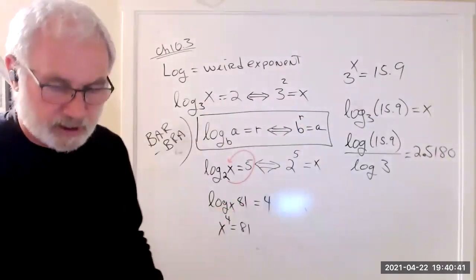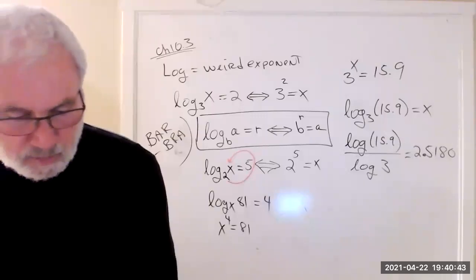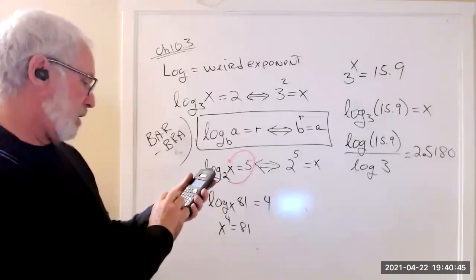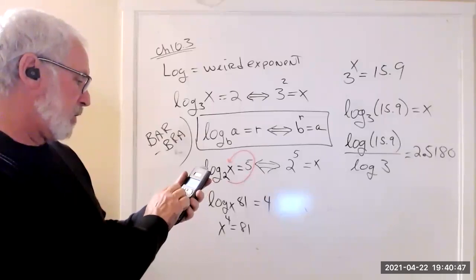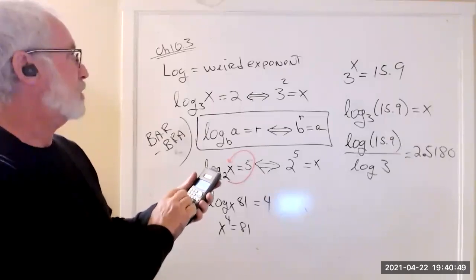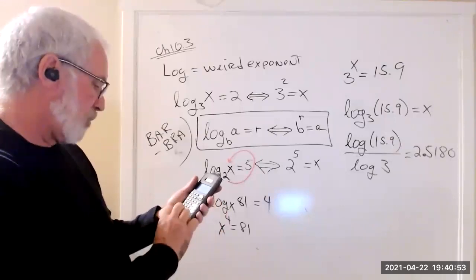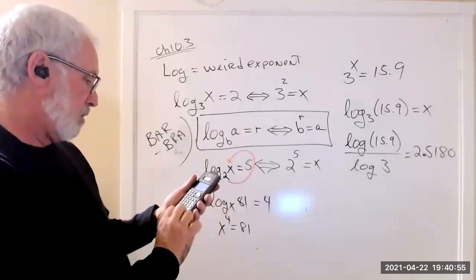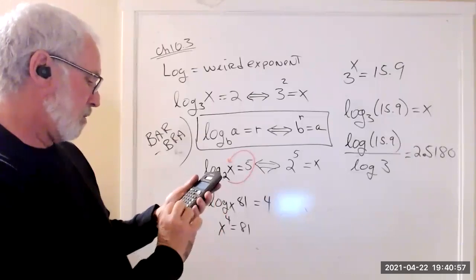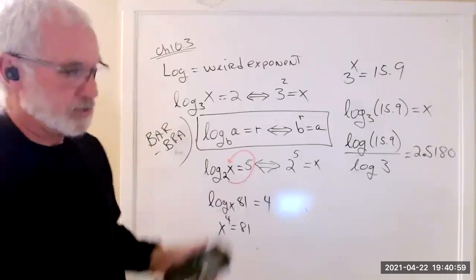.51801. You guys get that or not? Yes, I got something. Okay, let me see if I can do it using the magic button. Log base 3 of 15.9. And I get the same answer.